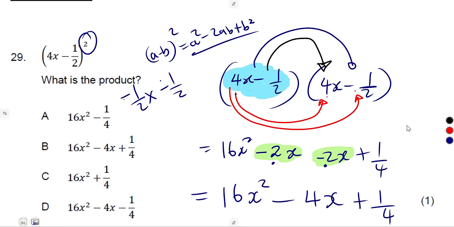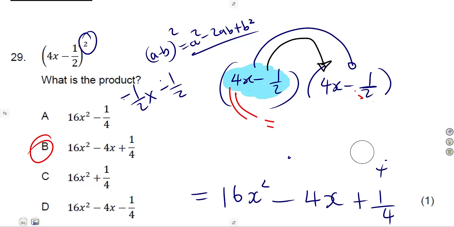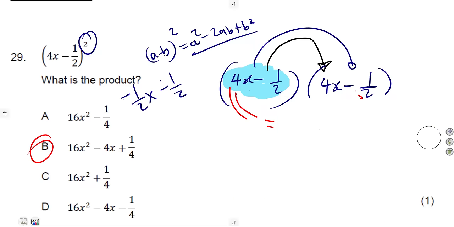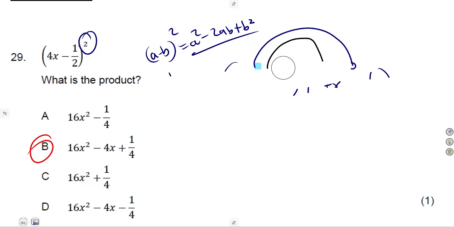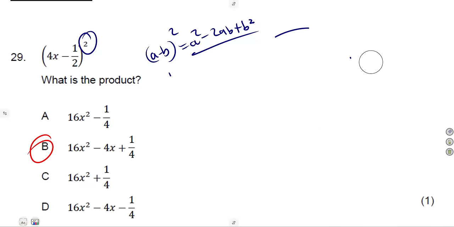So looking into the answers, we can see that the best answer was going to be what? B. Okay, but I say there is an expansion which we are also used to, and that is best even for our grade 10 mathematics revision. Remember, if we are given the a minus b squared, the first term and the second term, raised to the exponent of 2, there is a negative there. So our first term is a, and the second term is b. So it's supposed to be a squared.